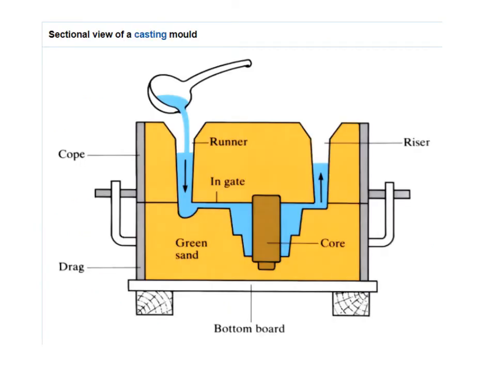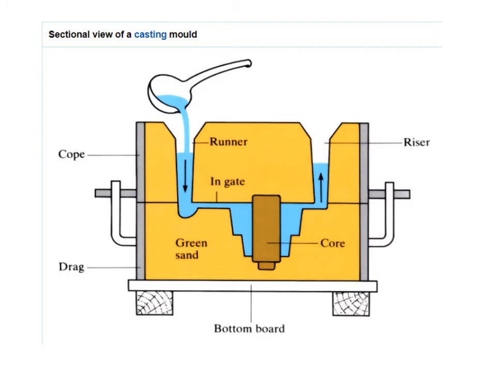So here you can look at this cutout. Pour the material, the liquid in blue, into the mold. It flows down, fills that area, and then it'll rise up so that the level at the runner and the riser is the same. And if you know that you have material in the riser, then you know that you have material in the mold.